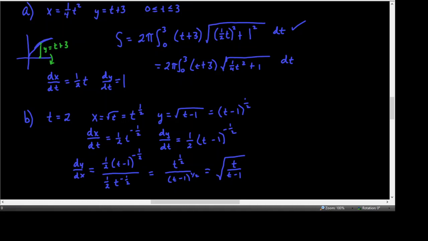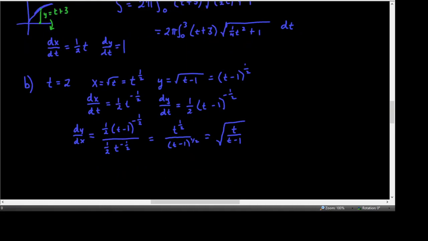What we're asked to find in this problem was the slope when t is 2. That's why we found the first derivative. The slope, therefore, is our derivative, dy/dx, evaluated when t is 2. So by substitution, that's going to be the square root of 2 over 2 minus 1.